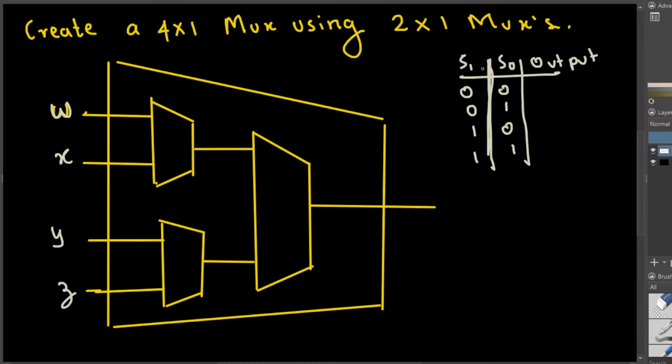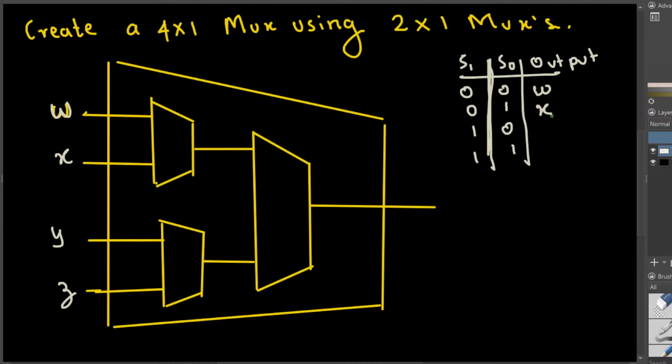These are control signals. So when S1 and S0 are 0, the output should be whatever the variable we have in pin 0. In this case, we have W. It doesn't matter what the pin has, that's the value we are going to get as output. Now, if S1 is 0 and S0 is 1, the output we are going to get is X, whatever the value in pin 1.